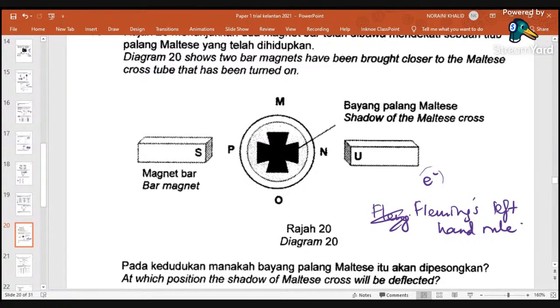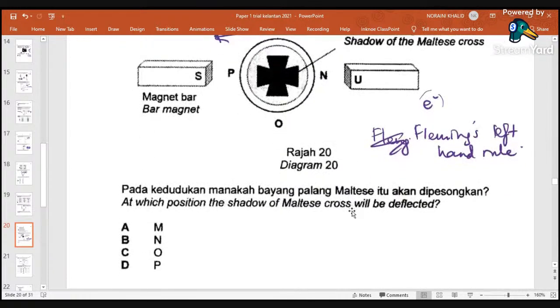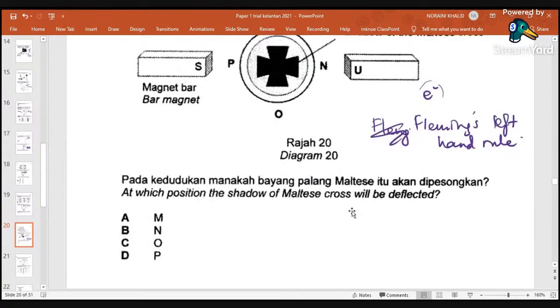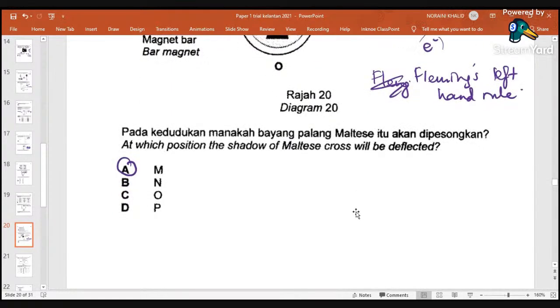So you can see your thumb is upwards. This is the magnetic field of the magnet. The current is into the screen. Thus, the force is upwards. So it means the Maltese cross shadow will move upwards, in the direction of M.